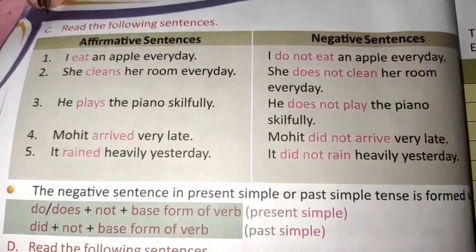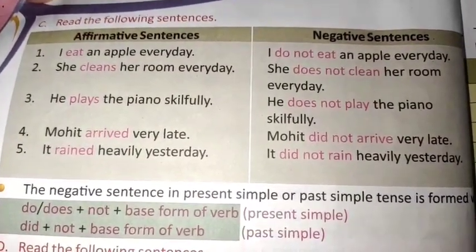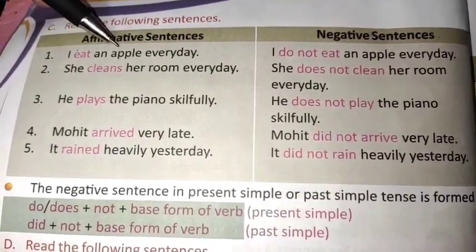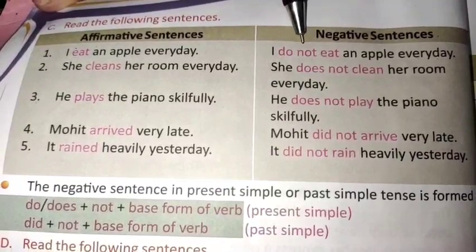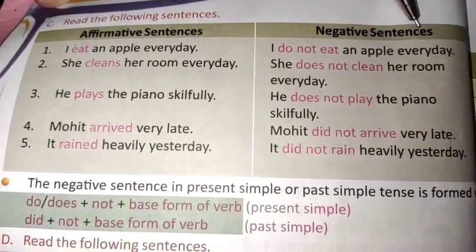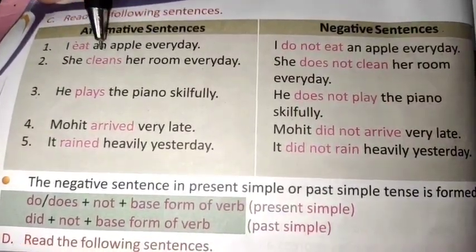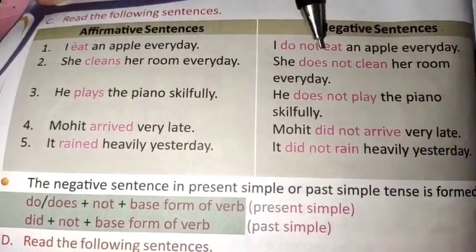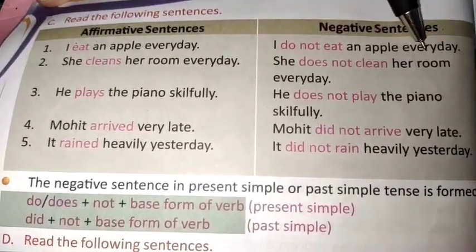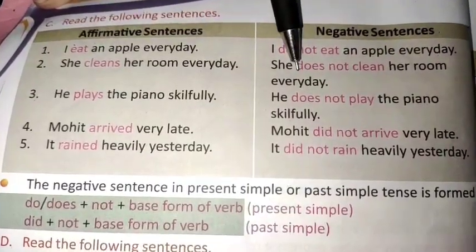Now children, see exercise C, read the following sentences. I eat an apple every day. I do not eat an apple every day. She cleans her room every day. She does not clean her room every day.